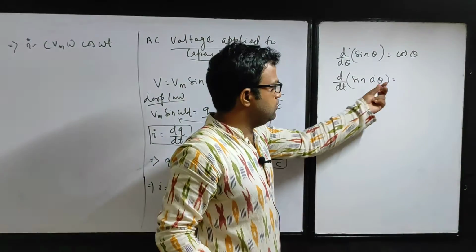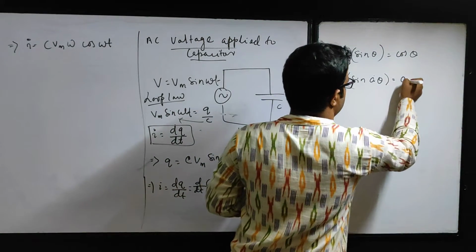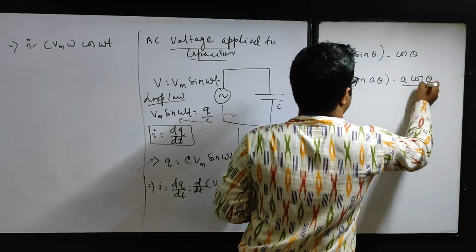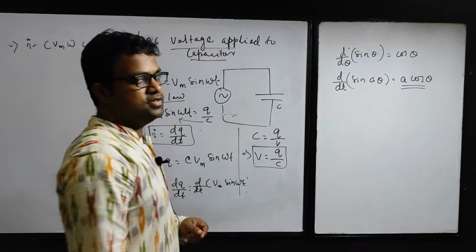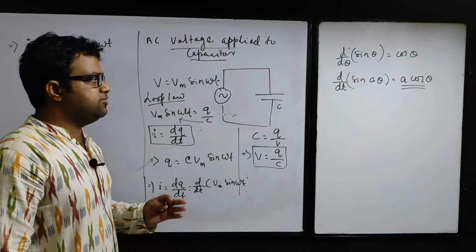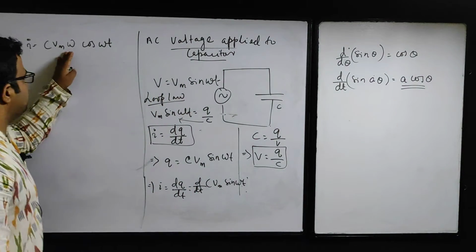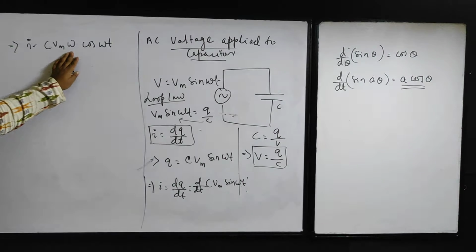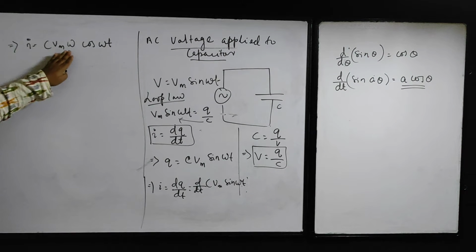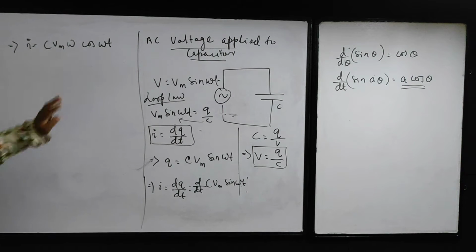You can use the chain rule: a will come outside, so a cos theta. You should remember this, the mathematics students know this. That's why omega came outside. So I equals C Vm omega cos omega t.